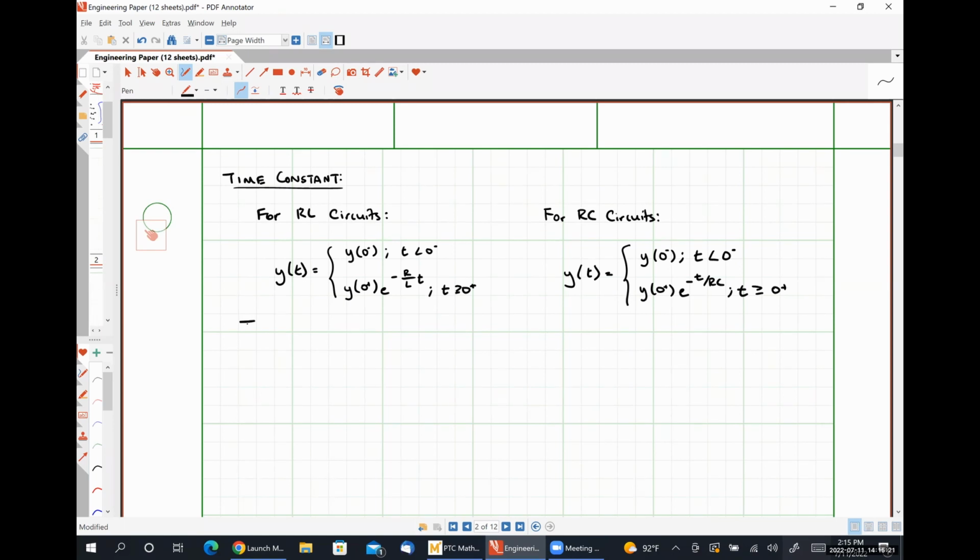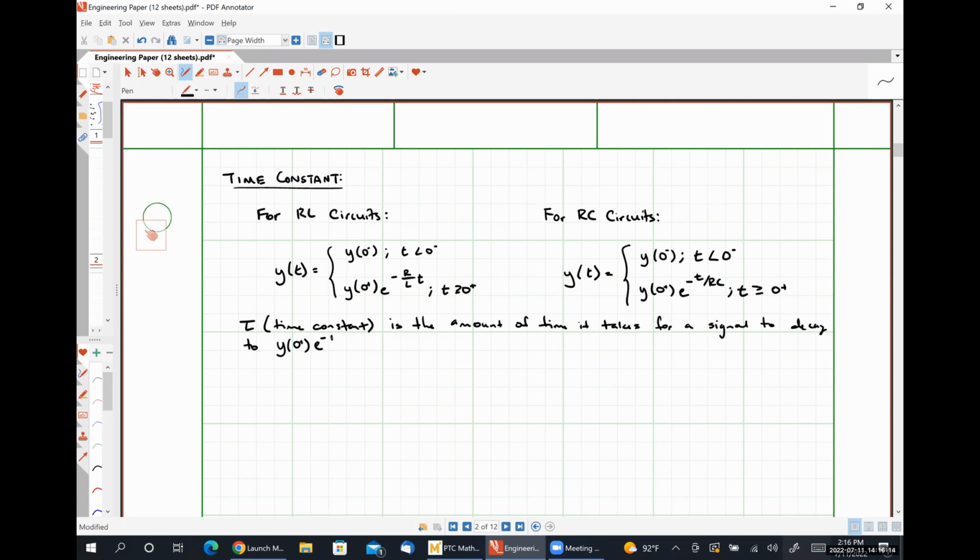So tau is our time constant, and it is the amount of time it takes for a signal to decay to y of 0 plus times e to the minus 1, okay?